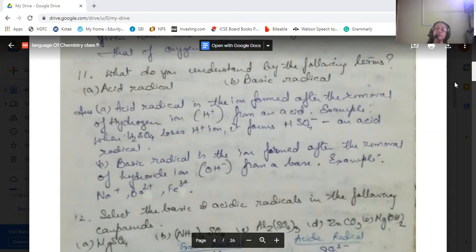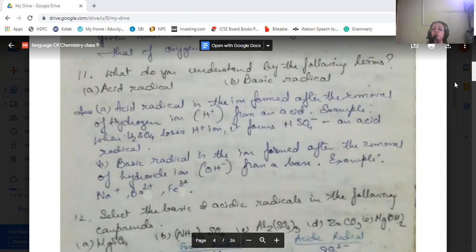And a basic radical is also an ion, which is formed after the removal of the hydroxide ion, that is the OH ion, from a base. For example, sodium hydroxide: if we remove the OH, what remains is the sodium plus ion, and that is known as a basic radical. Or barium hydroxide or ferric hydroxide, like this.